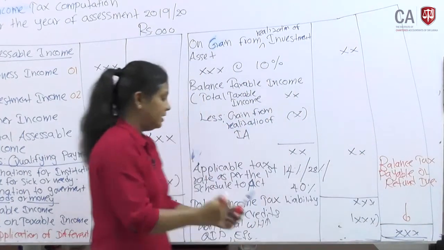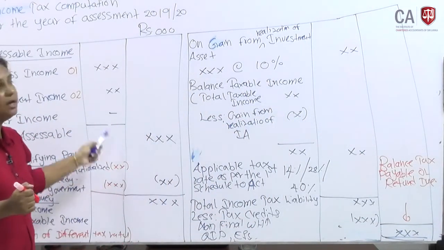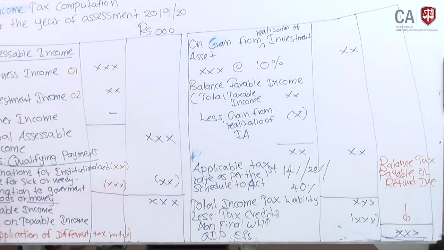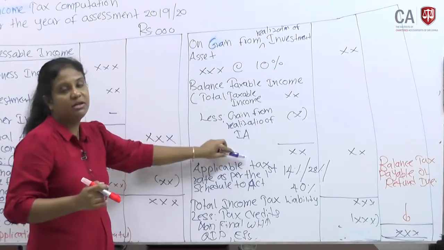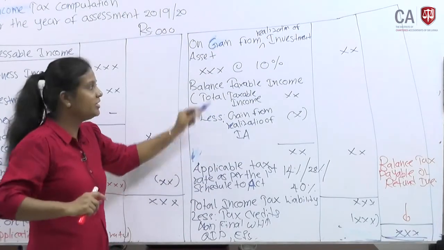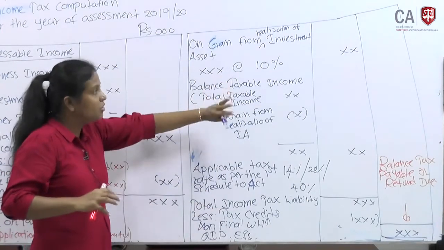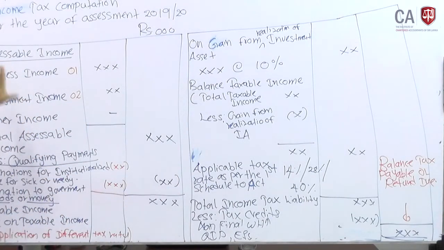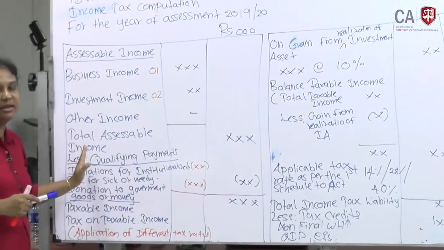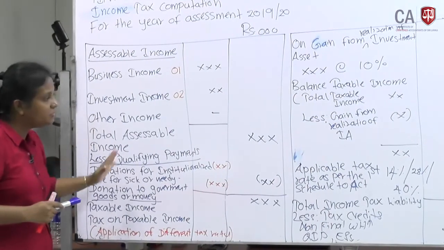Done. This is your format. Please have this format. I am not telling you to have all of this second part. Without reading the question, you cannot know these areas. But at least on the first page, have this, then it is really easy for you.